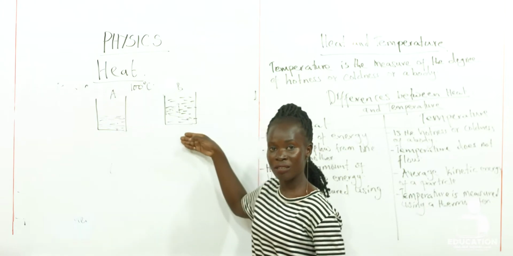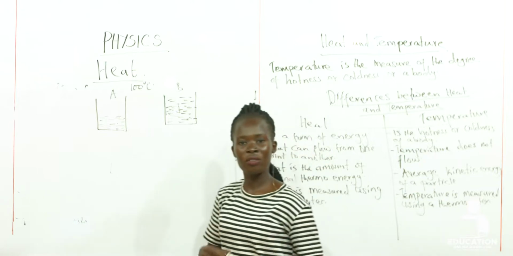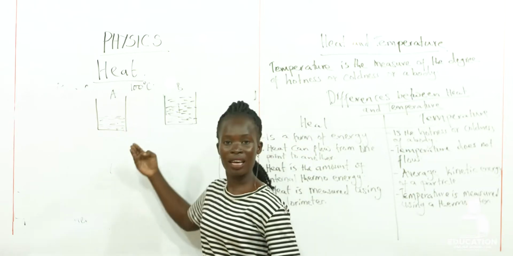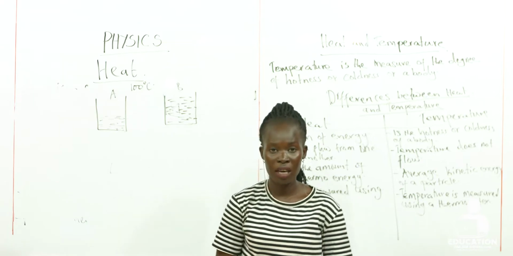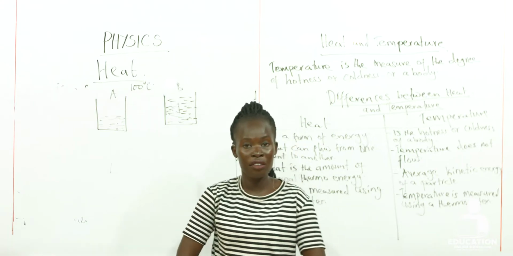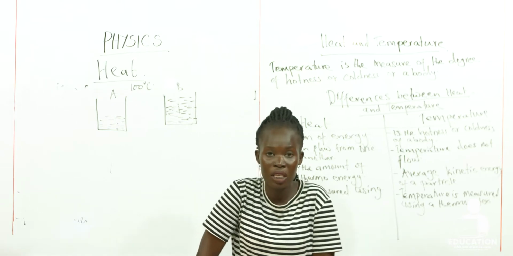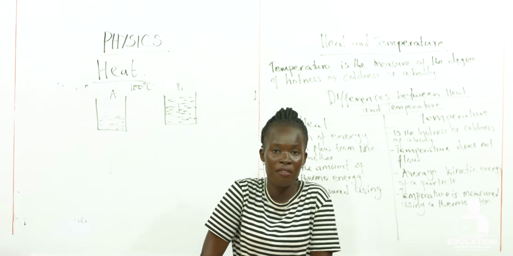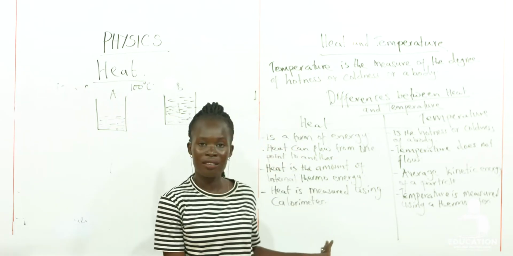So you see the difference. Whenever you see that two bodies are giving you the same temperature, it doesn't mean that they have the same amount of heat. So you should know the definition of heat, what is common between heat and temperature, and the difference between heat and temperature after this lesson.